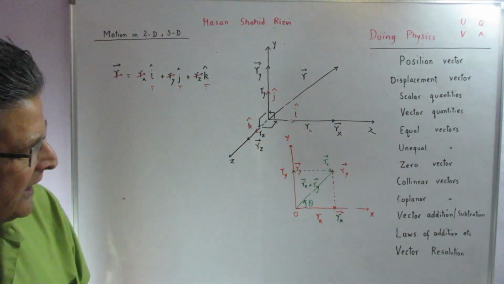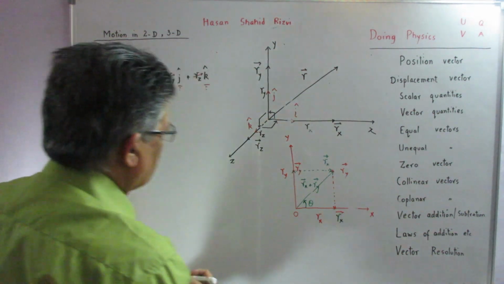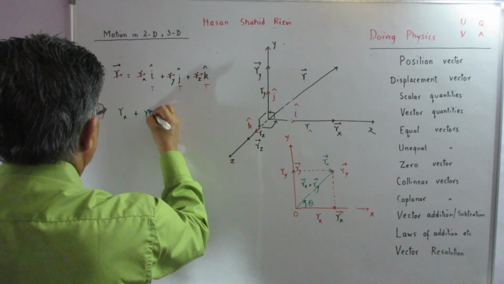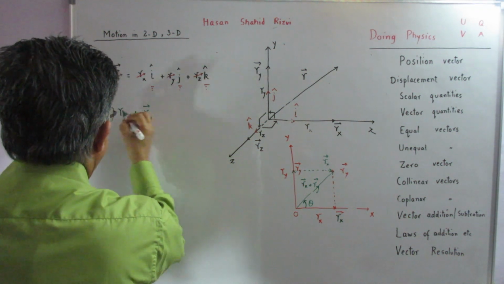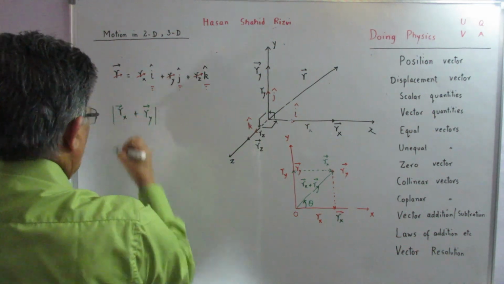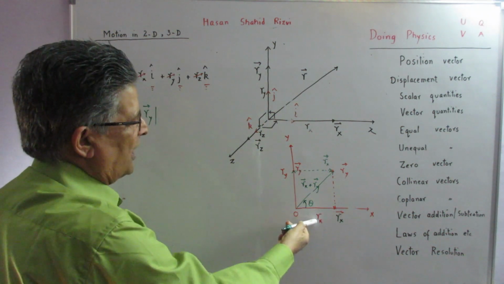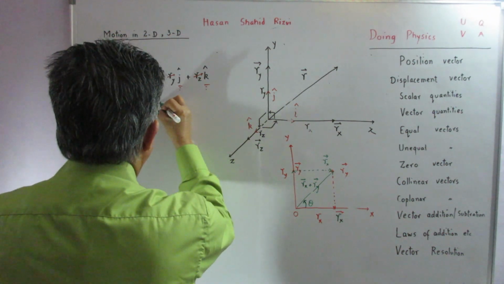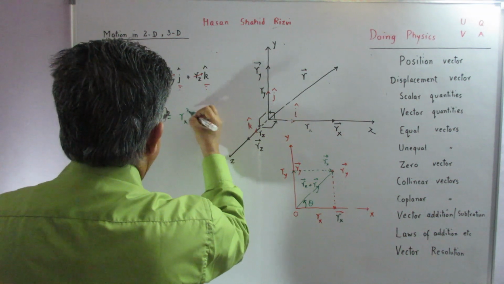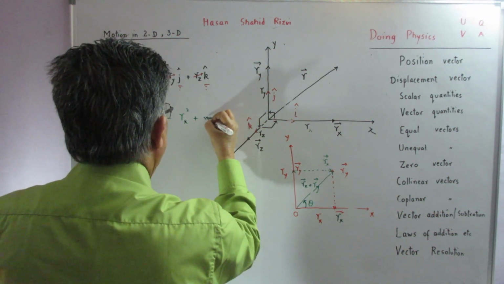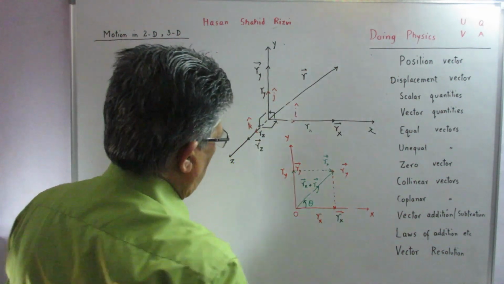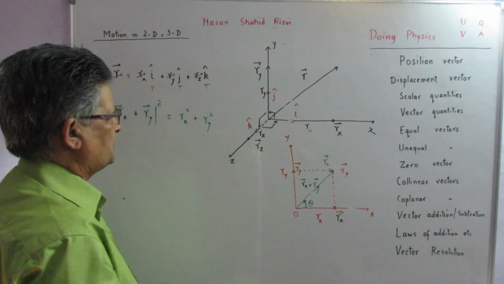Then we find that the magnitude of Rx plus Ry, if I square it, turns out to be equal to the base, which is Rx square, plus Ry square, which is the magnitude along the y-axis.